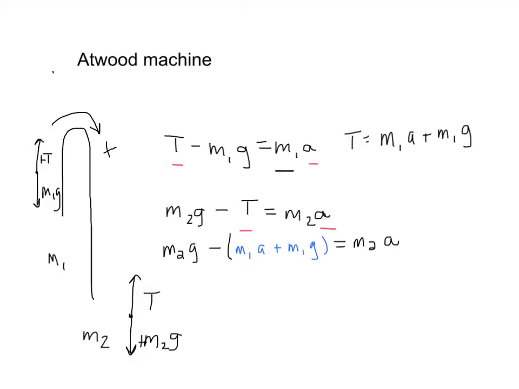Now, the whole point is to get acceleration by itself. So at this point, I can just algebra out so that I get acceleration by itself. Make sure that you distribute this negative here. So if I rewrite my equation, it looks like m2g minus m1a minus m1g is equal to m2a. Again, I want to get accelerations together and by themselves. So I move this to the other side.